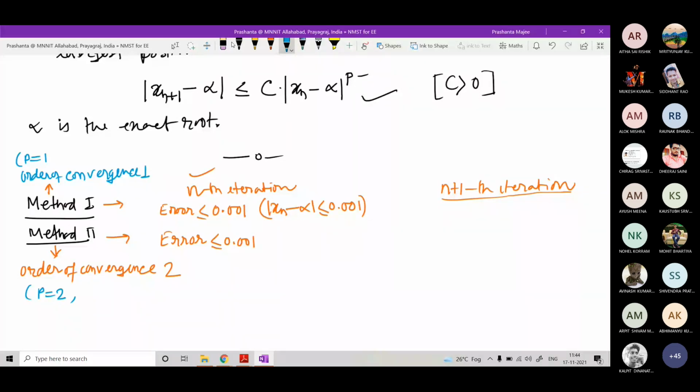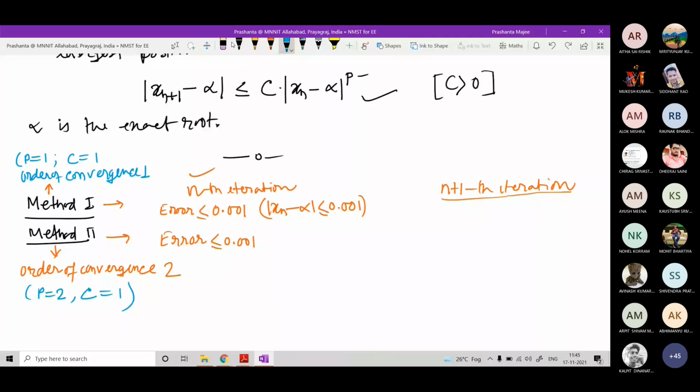And to compare mathematically, we will assume that this C value in both methods is the same. So I am assuming C equals 1 in method 1, and also C equals 1 in method 2, to make the comparison consistent. So what will be the error bound in the n plus 1th iteration in method 1?